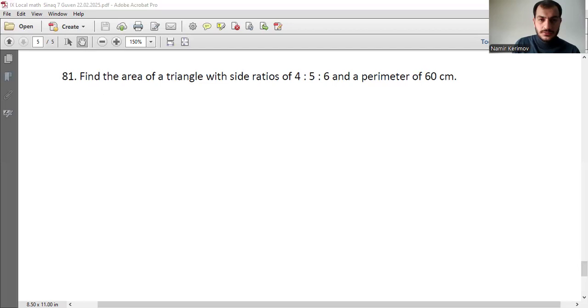And then area equals to root of half of the perimeter times, as you know, the formula is root of half of perimeter minus all that sides, A, B, and C. So 30 minus 16, 30 minus 20, and 30 minus 24. So that will be root of 30 times 14 times 10 times 6.